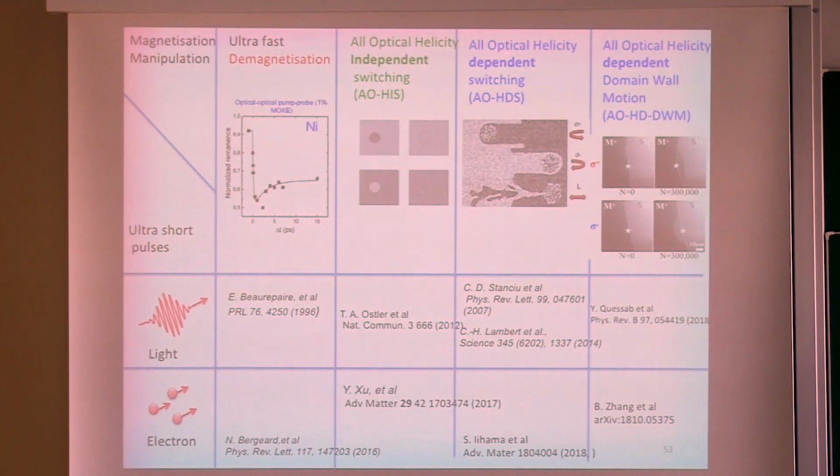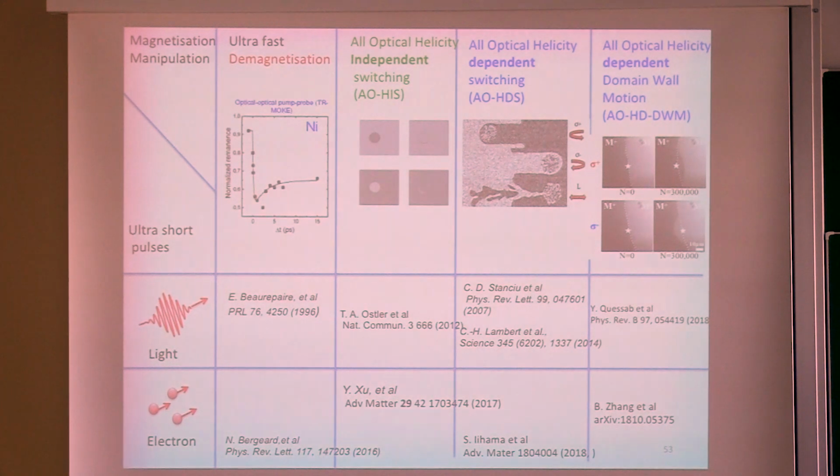We observed all-optical helicity-dependent switching for light, and we have reduced strongly the number of pulses. We came up with a state diagram. This helped us to conclude that it seems that this inverse Faraday effect, this induced magnetization, is very important. And in some cases, MCD cannot explain the result that we are observing.